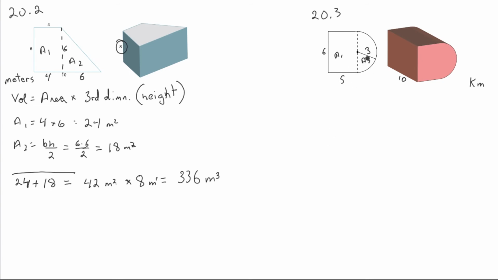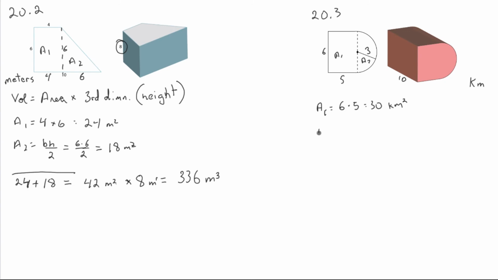Remember, the area of a circle, the area of a half circle, well, let's go ahead and do A1 first. So A1 is just straightforward. It's 6 times 5. So 6 times 5, and that's going to be 30 kilometers squared.